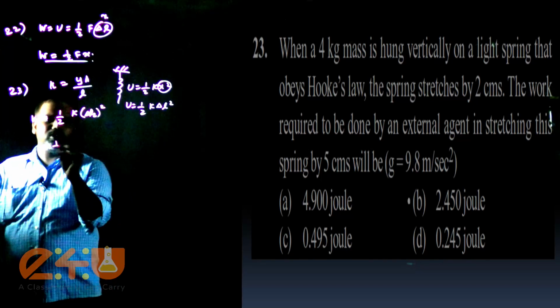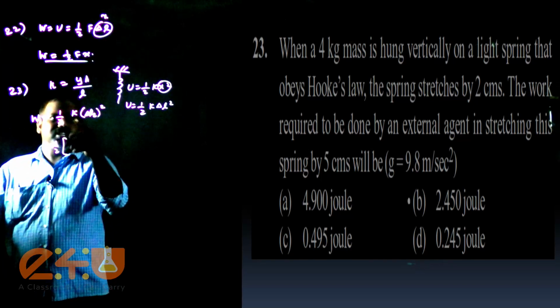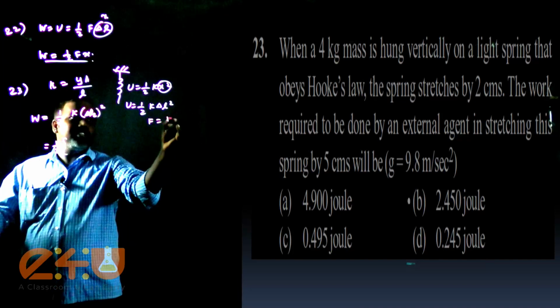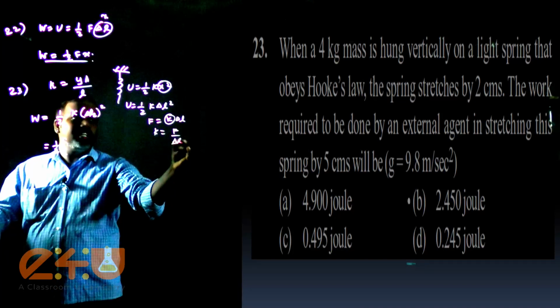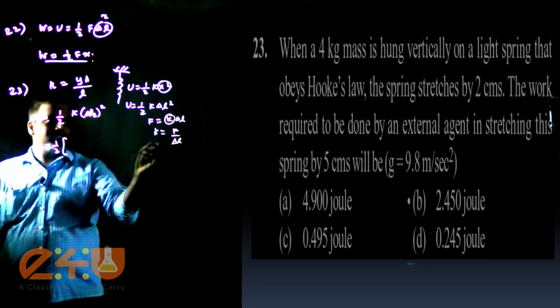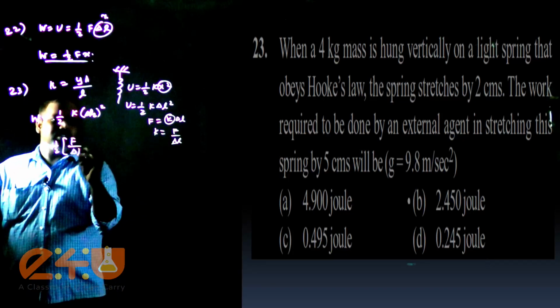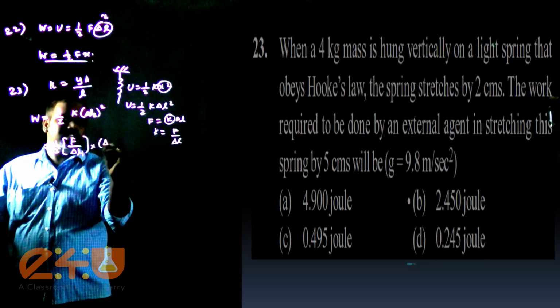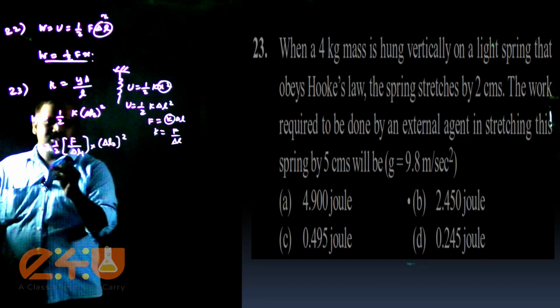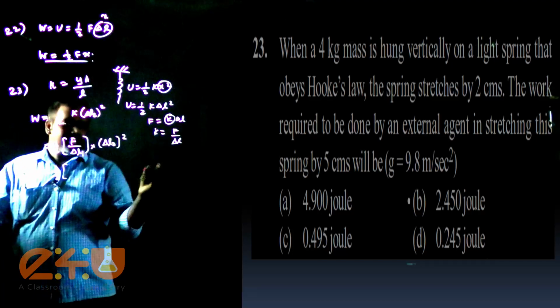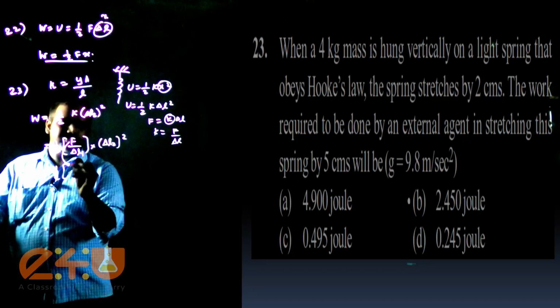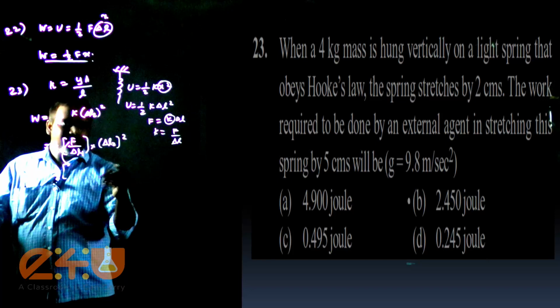Therefore half K can be written as: we know that F is equal to K into delta L, therefore K is equal to F by delta L. So now take that value, F by delta L1 into delta L2 whole square, with the half. F is nothing but M into G. M is given as 4 kg.